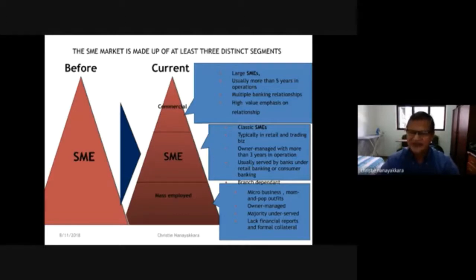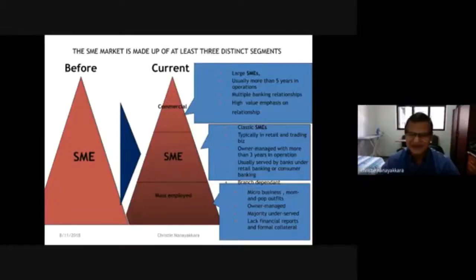Still owner-managed. Sometimes about 3 years in operations, because they first start with an activity and then get into the classical section of the SMEs.